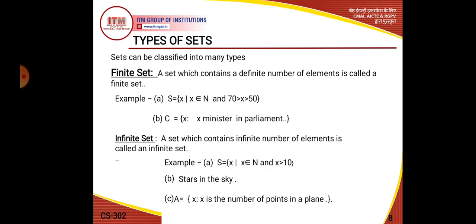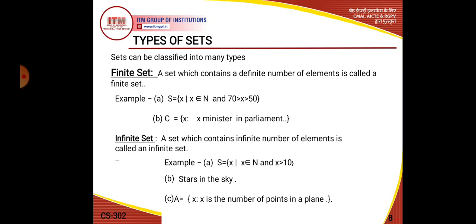Example number one is the set S = {x such that x belongs to N and x is greater than 10}. We know that the set N, the set of natural numbers, consists of an infinite number of elements. So this set comes in the category of infinite sets.